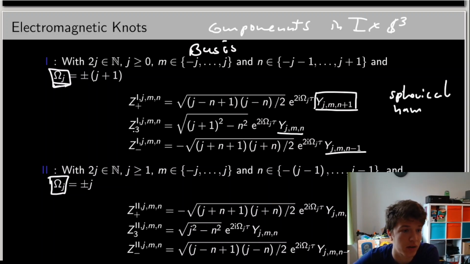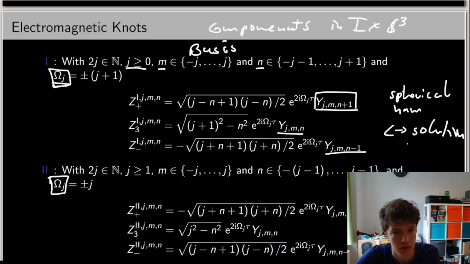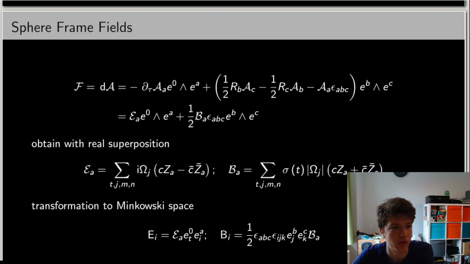And those are directly related to an index that we associate to the solution. Index. And for the other type it's different constants, but similar form.